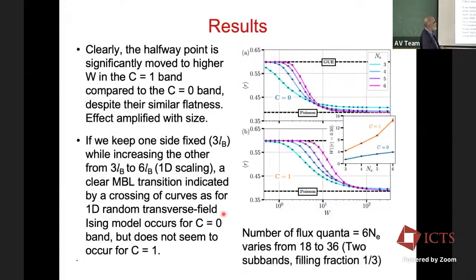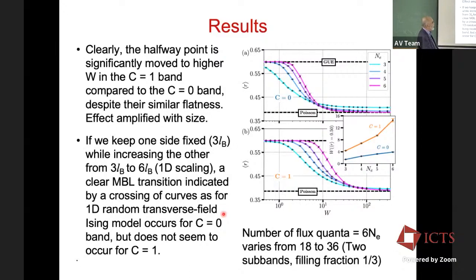So we looked at the problem for the Chern 0 band and the Chern 1 band, and you'll see in a moment why two-dimensional scaling is very hard to do in this case. But what we did do was a one-dimensional scaling: fixed width, keep on increasing the length, and see how this R average goes from the GUE value to the Poisson value.